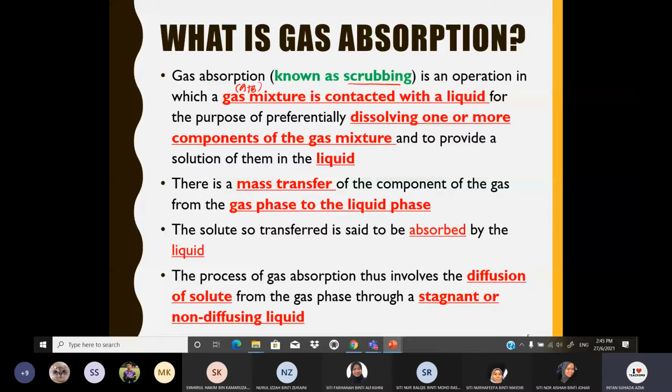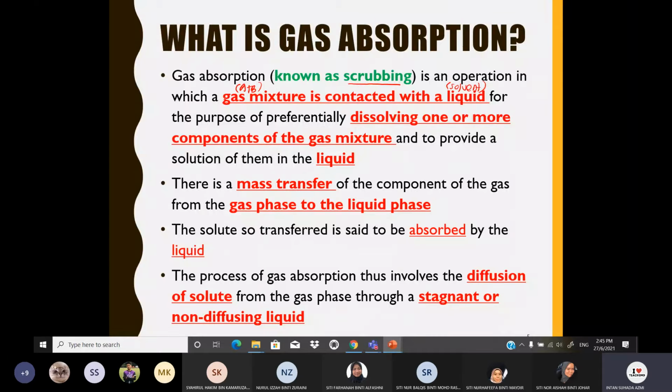The concept is quite the same as LLE, just the phase is different: gas and liquid. It is for the purpose of preferentially dissolving one or more components of the gas mixture and to provide a solution of them in the liquid.